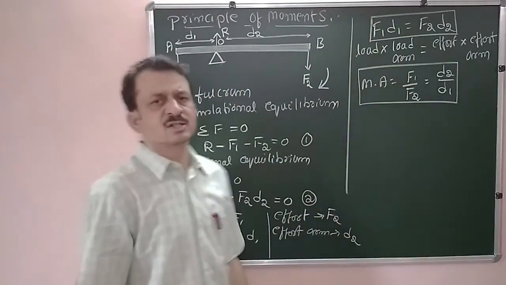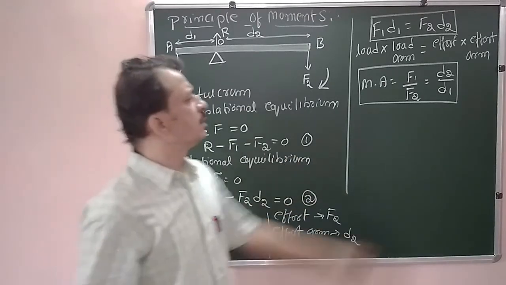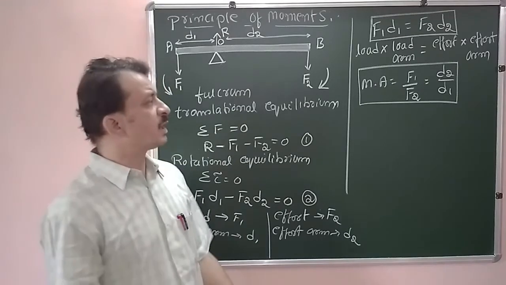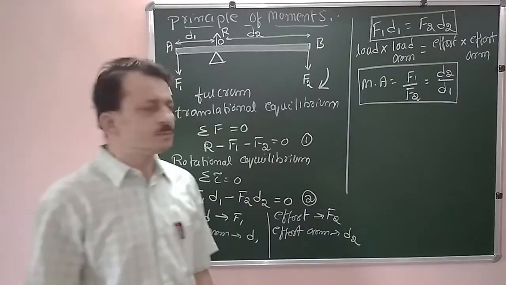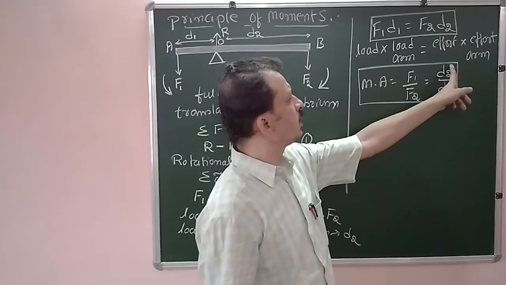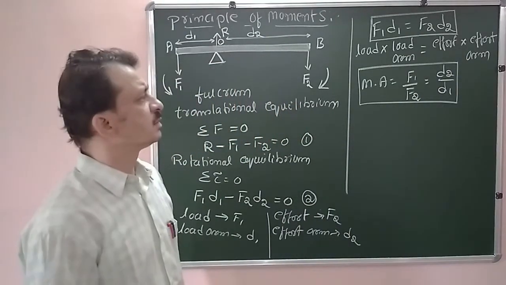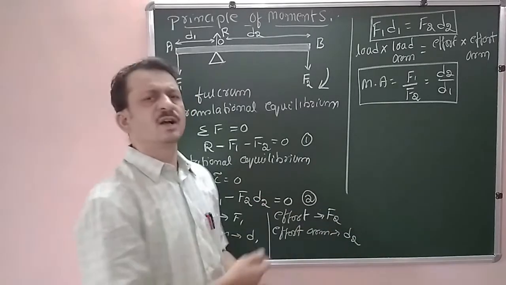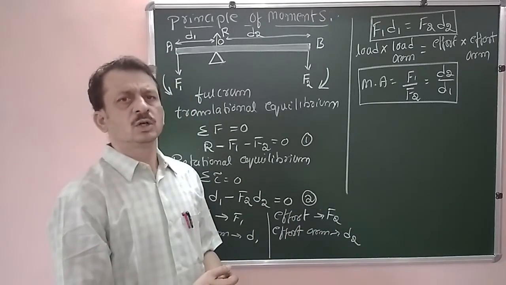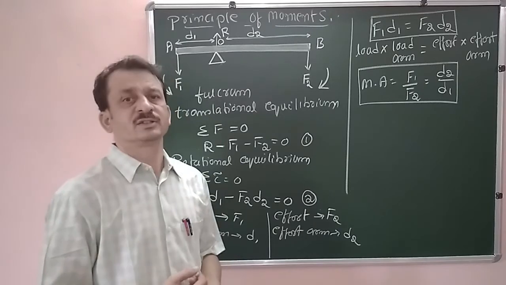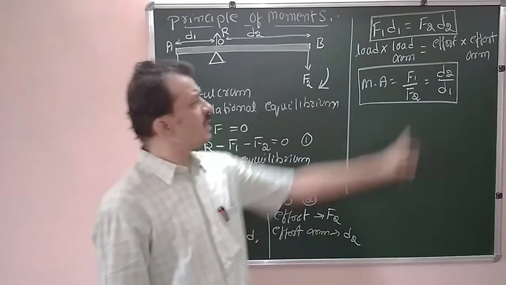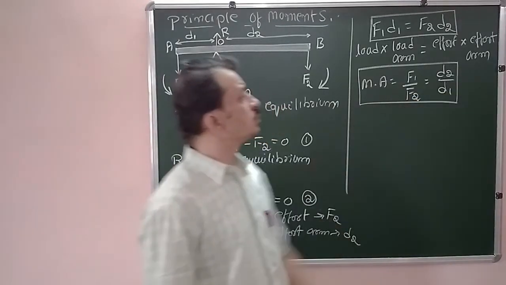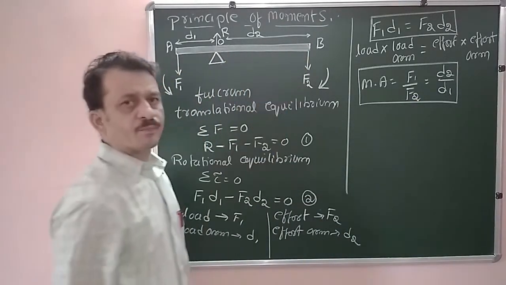F1 is some load that is to be lifted, and F2 is the effort we are going to apply in order to lift the load F1. That should be equal to d2 by d1. So here our aim is to lift the load with a lesser effort. In order to apply a lesser effort, the effort arm should be larger.